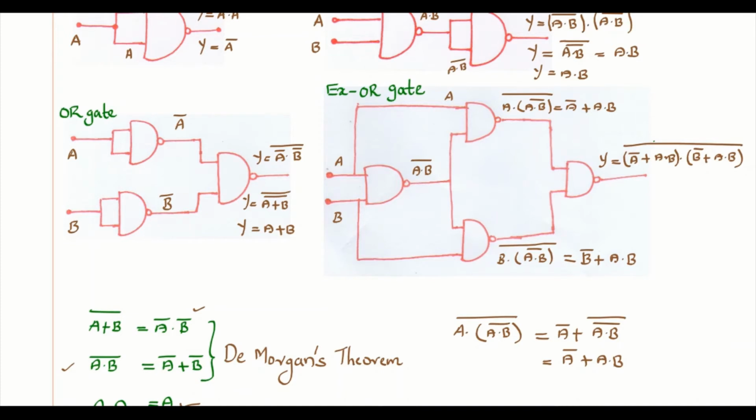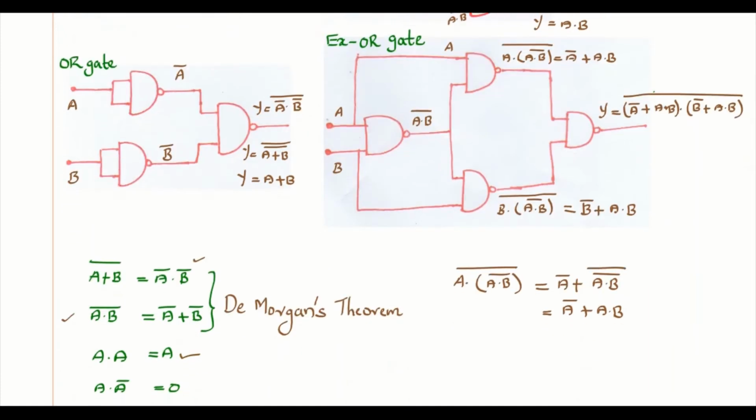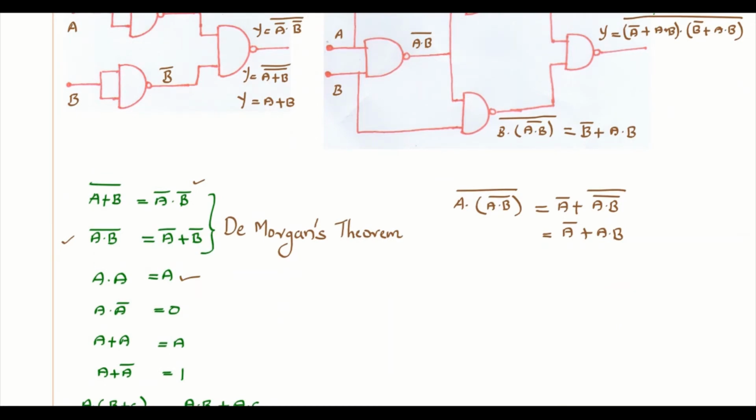Now we need to evaluate this quantity, that is A complement plus A dot B dot B complement plus A dot B the whole complement, using De Morgan's theorem. We can simplify that expression using De Morgan's theorem.